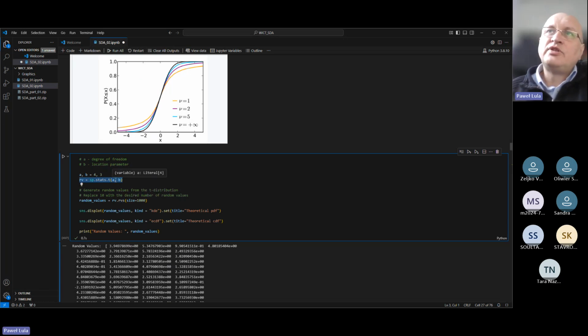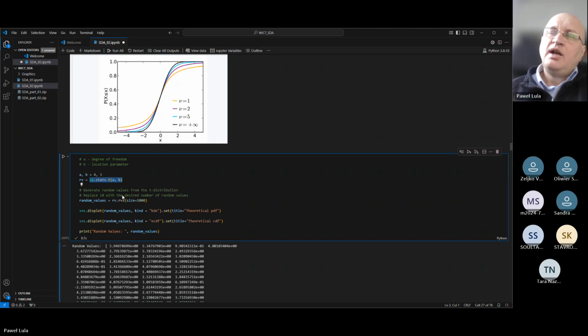And this distribution has two parameters: degree of freedom, it is the A parameter, and B, the location parameter. Location parameter is similar to the mu parameter in normal distribution. For example, here I assign these values 4 and 3 to A and B, and the definition of this distribution is here.